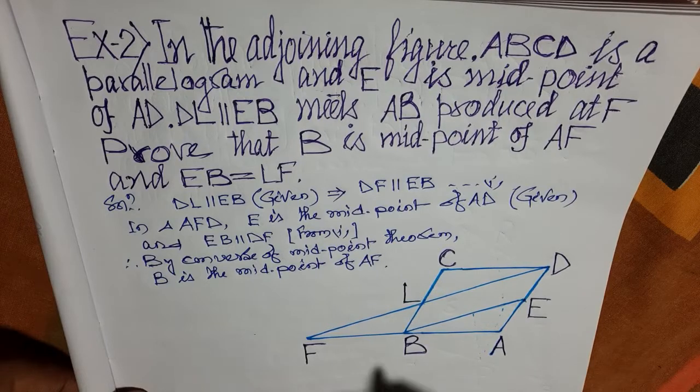So B is the midpoint of AF. Proved. Now we have to prove that EB is equal to LF.